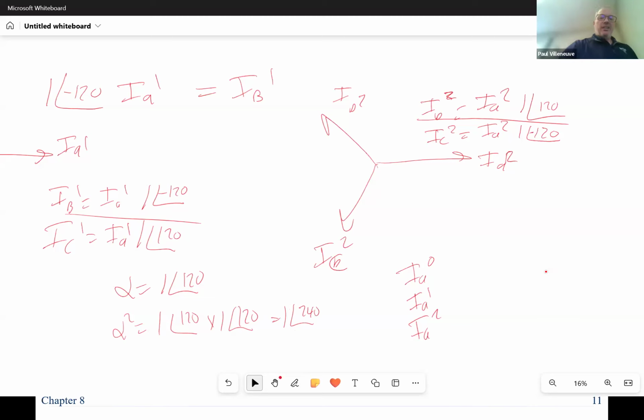So isn't 1 at an angle of 240 also equal to 1 at an angle of minus 120? And what do you know? This right here is alpha squared, and this is alpha. So anytime I see 1 at an angle of 120 or 1 at an angle of minus 120, I can substitute an alpha.